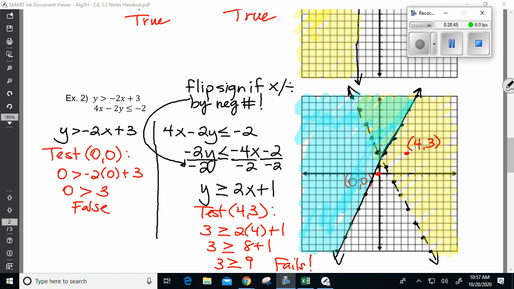But there is a part that overlaps. That little triangle right there. That's where all of your answers are located.